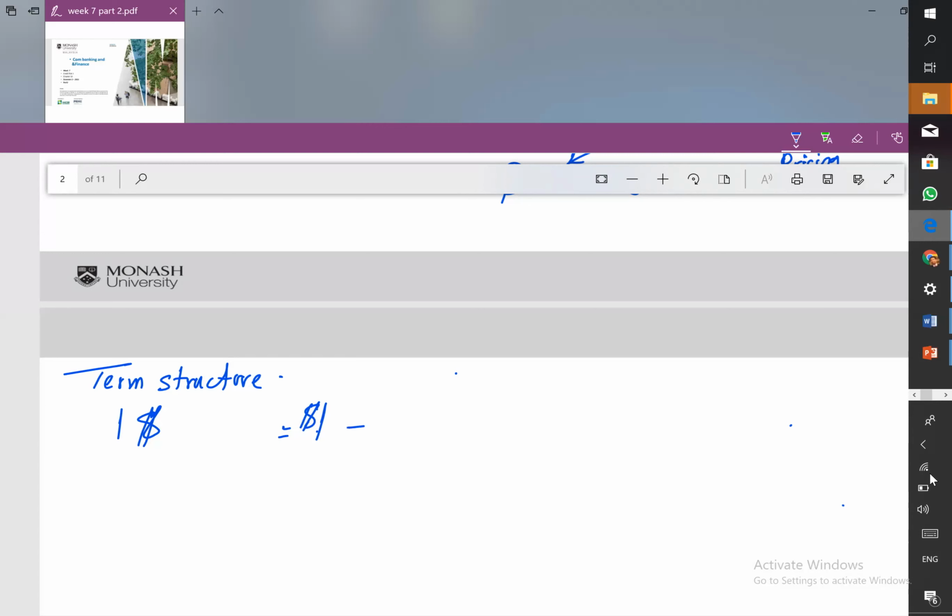So this will give me the fixed rate I, and this will give me the K. The concept here: if there is no credit risk, if the corporate is AAA, for example, my dollar plus the principal should be 1 plus I.